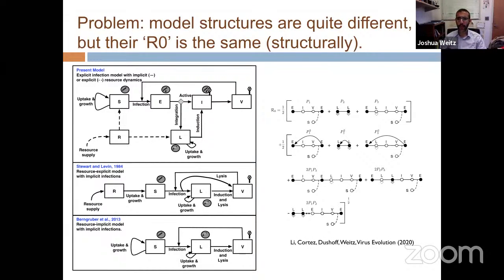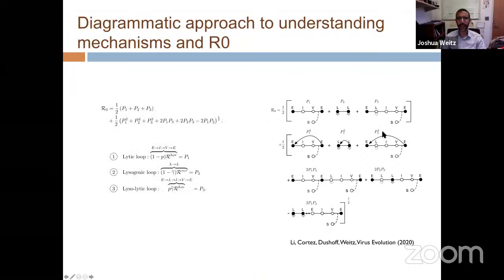When we actually want to calculate these things, we can use this formula, but of course the values here are simply the basic reproduction number of these horizontal and vertical loops. Those will depend on the model details, but the qualitative form is precisely the same.